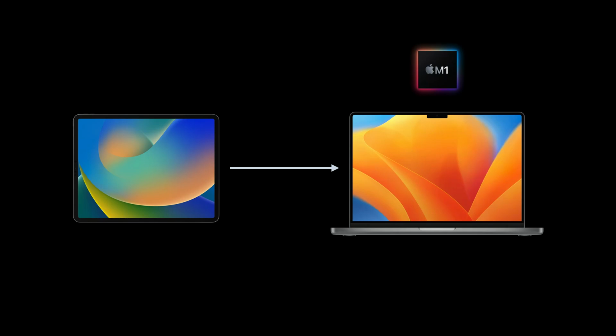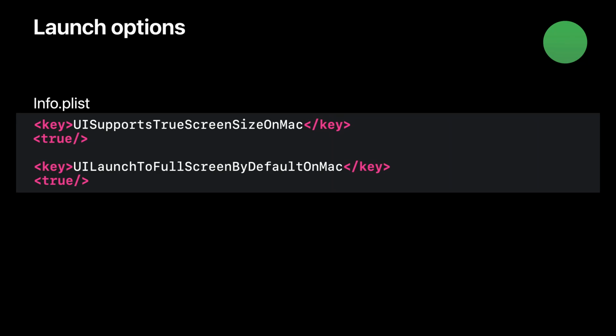And we have a couple new additions that can improve your app experience on Mac. There are two new keys you can add to your Info.plist, which allow you to specify how your iOS app should launch on Mac. These keys aren't bound to any SDK version, and are ignored on iOS and on Mac prior to macOS 12.1, so they're safe to add to any app that would benefit.